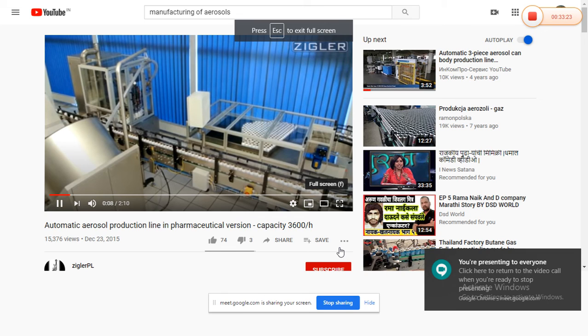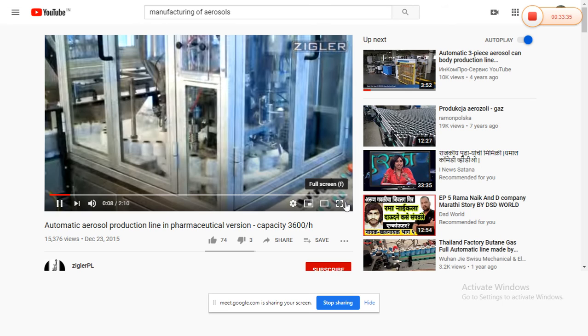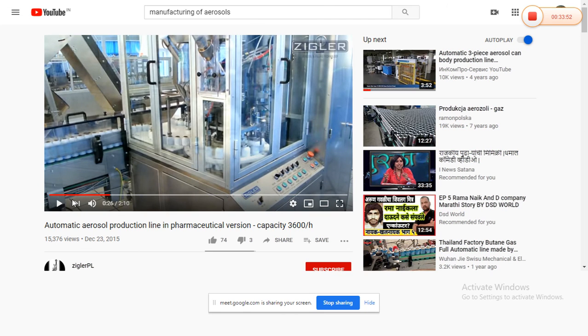So here we can see how the empty cans are being handled first. Now here the valve assembly is placed.